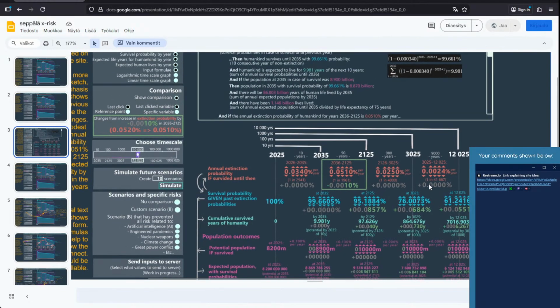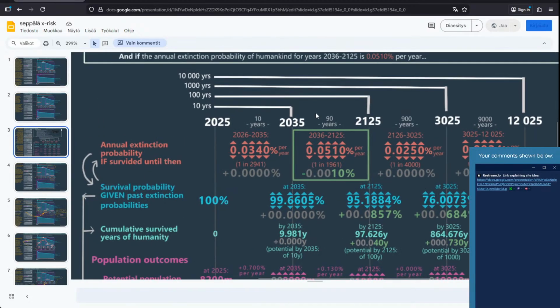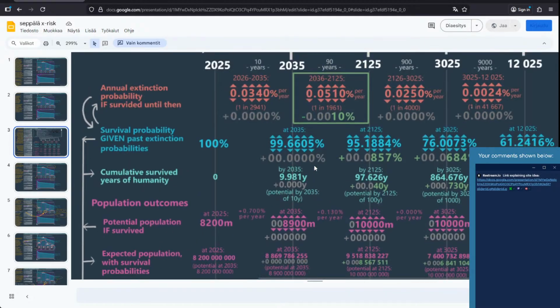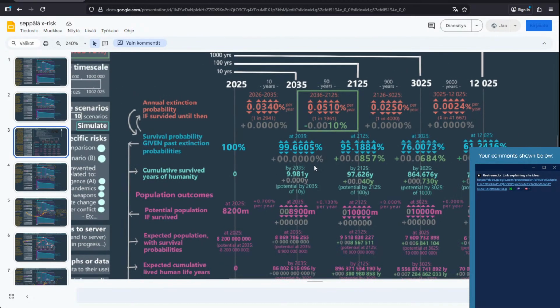Even if I have these numbers here, these 10 year, 100 year, is it hard to make the connection that now we are moving to bigger and bigger things here? I think it is very difficult.